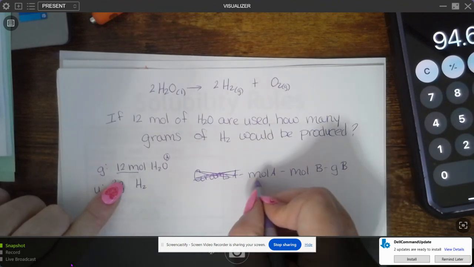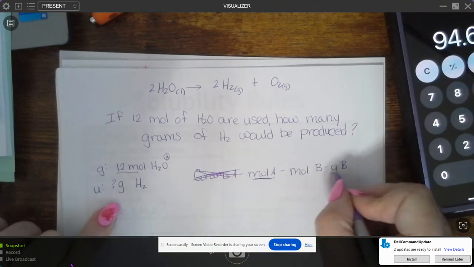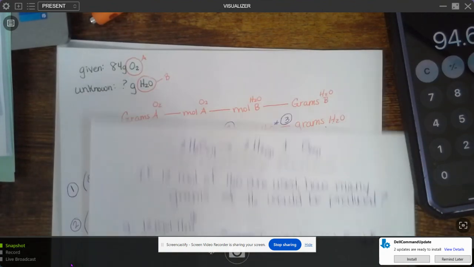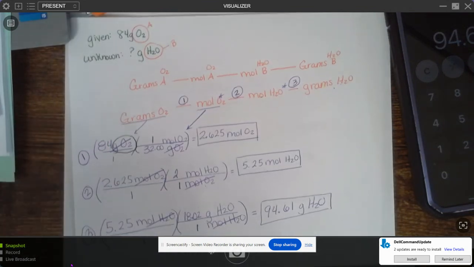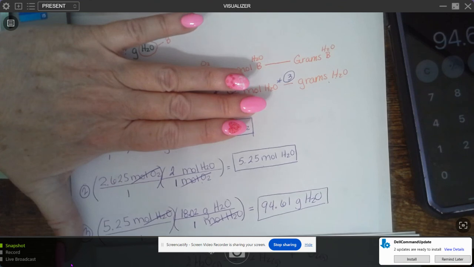I'm starting here with moles of A, and I'm finishing with grams of B. So it would be like starting on step 2.